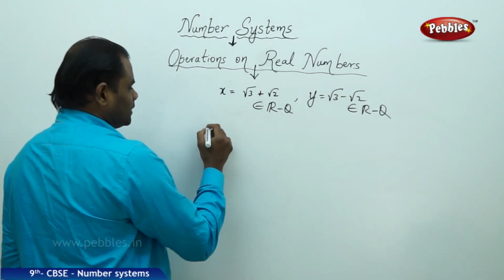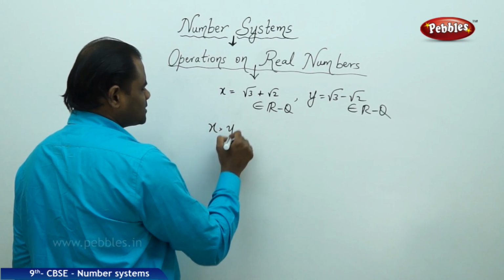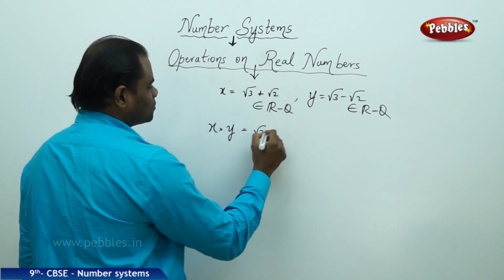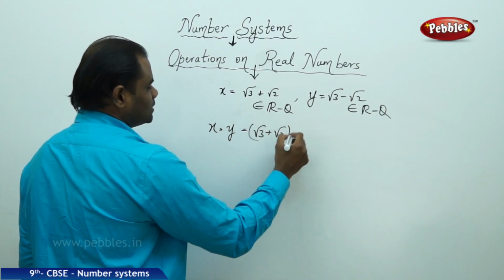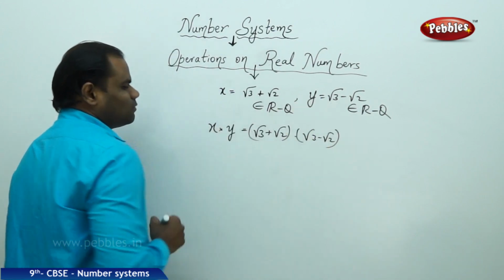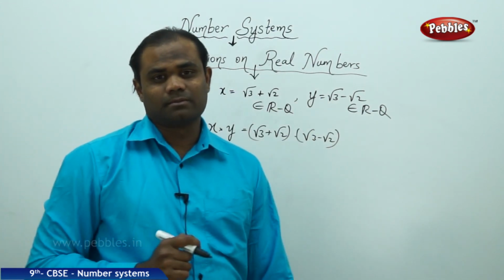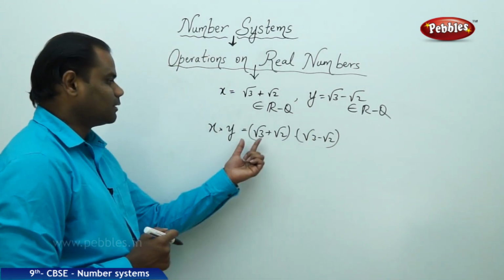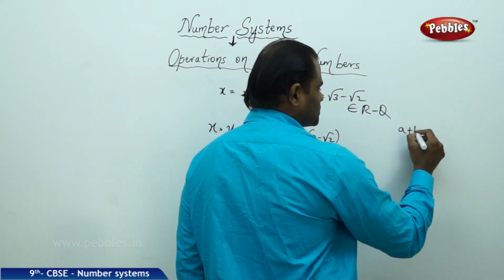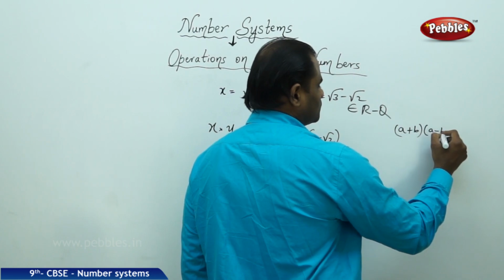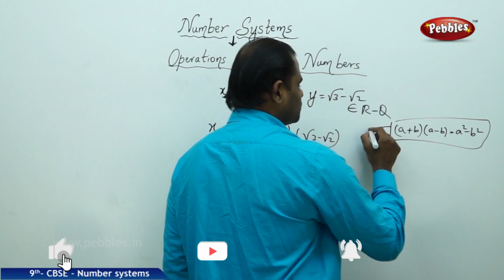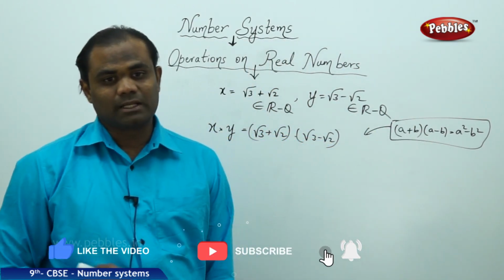So when I multiply the two irrational numbers x times y, root 3 plus root 2 is substituted for x, and root 3 minus root 2 is substituted for y in the product. Now clearly I identify that this is in the form a plus b times a minus b, which equals a square minus b square, as learnt in the lower classes.